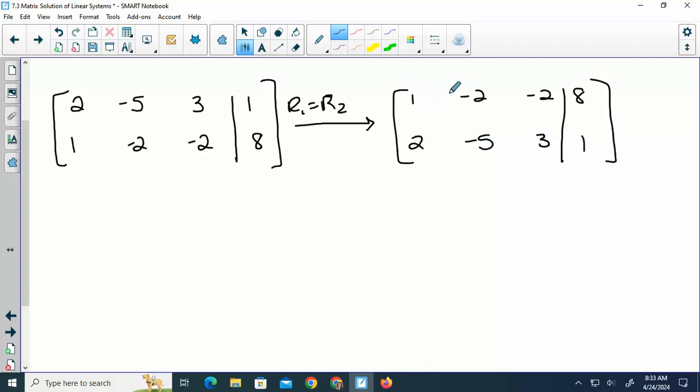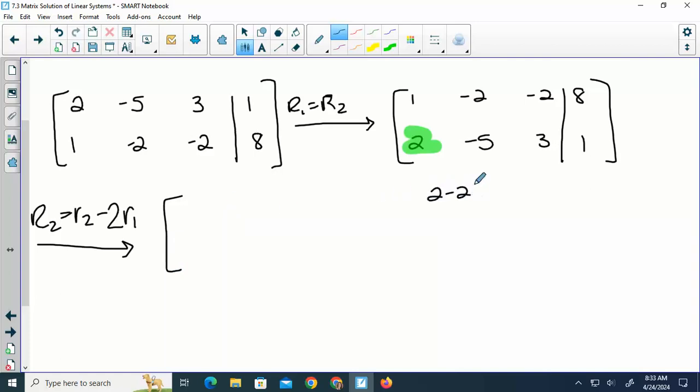Then we already have our 1 in row 1 column 1. Next is to get the 0 underneath. So we have to change row 2. It is a positive 2, so we need to subtract 2 times row 1.